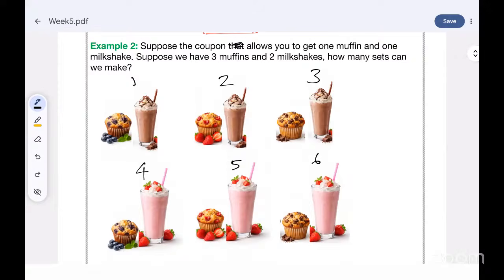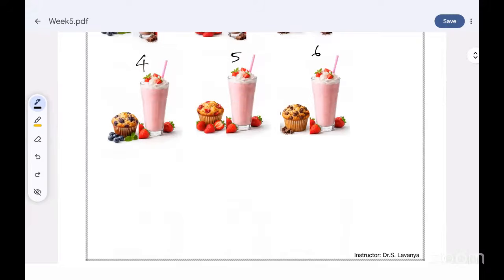So here what has happened? Here N1 is 3 and N2 is 2, and the total possible sets is 3 into 2, 6.